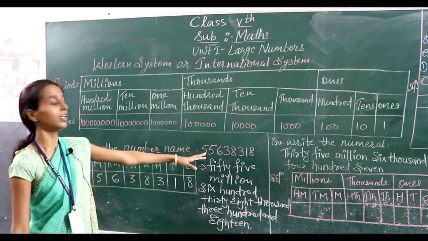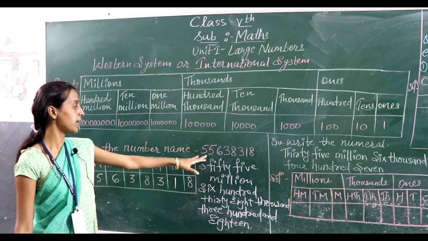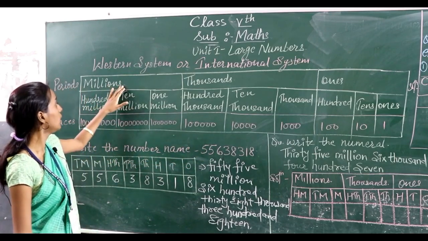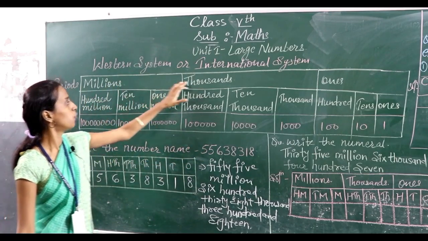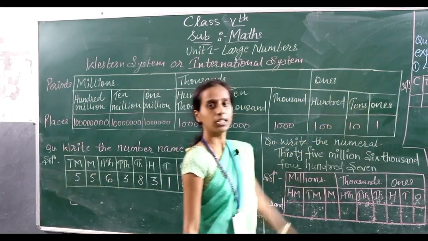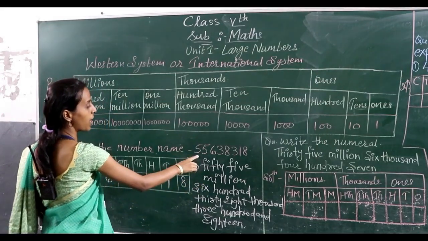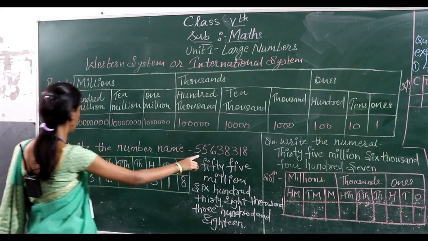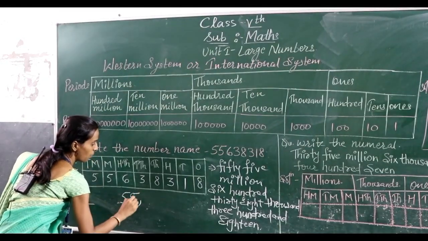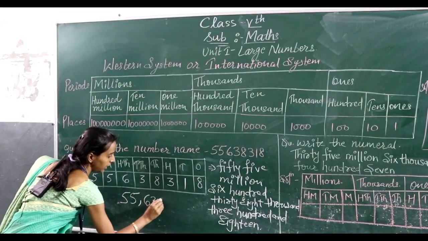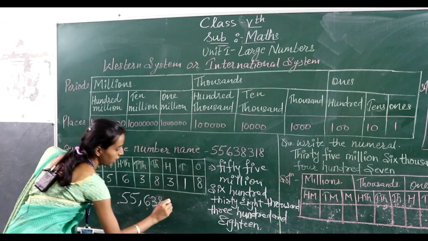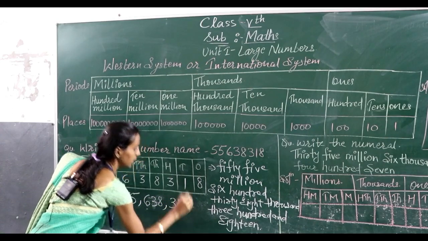And again, if we have to divide it using commas, then after how many places will we give a comma? For million after 3 places, for thousand after 3 places, and for ones also 3 places. So if we put commas here, then this number will be 55 million, comma, 638,000, comma, 380.